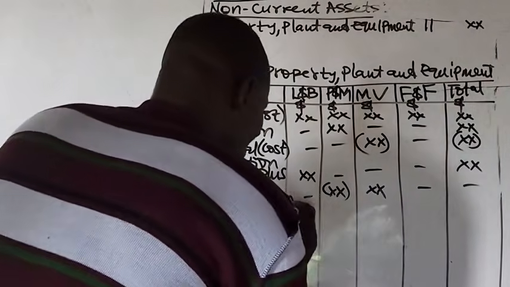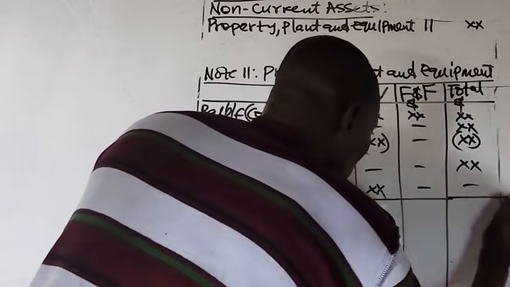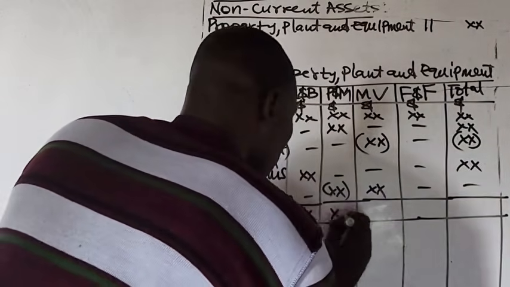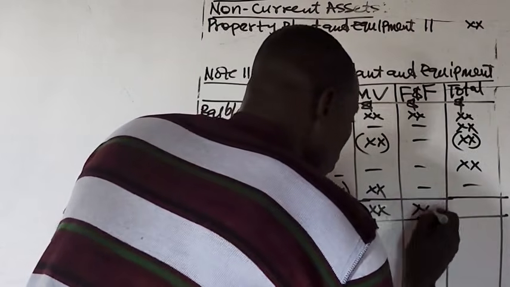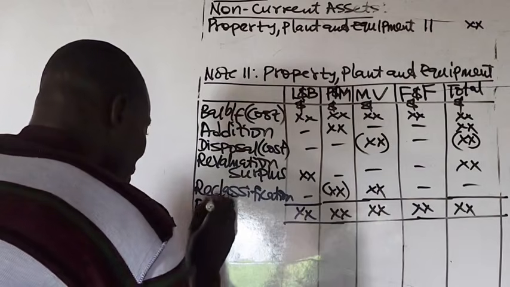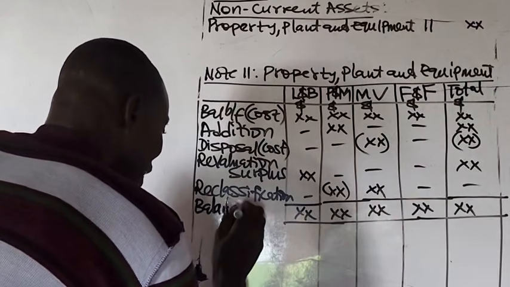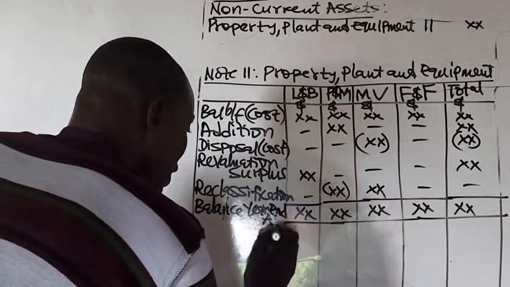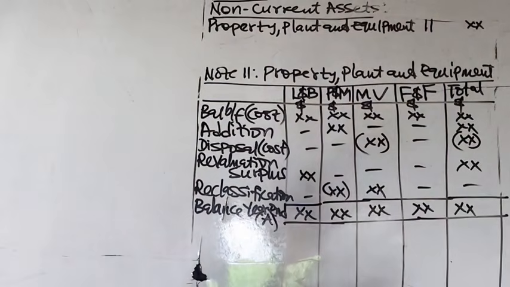So you sum them up. So balance at year end. Let me assume this balance is A.